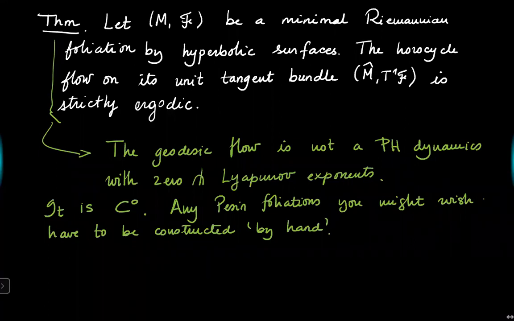For instance, it's not C2 in general. Well, we don't know if it is C2 in general. We don't have any counterexample, but the smoothness of the metric is so far C0. And it's an open problem whether this metric is, for instance, smooth. So if you want to use Pesin theory in any way, you have to construct Pesin foliations by hand.